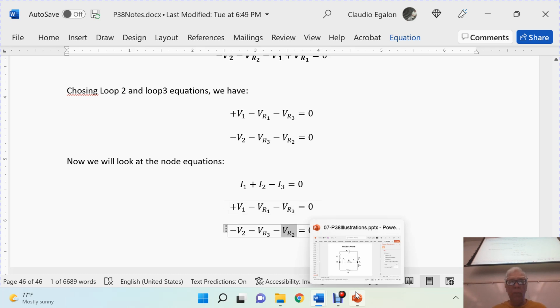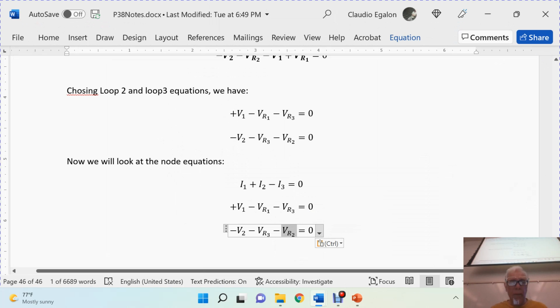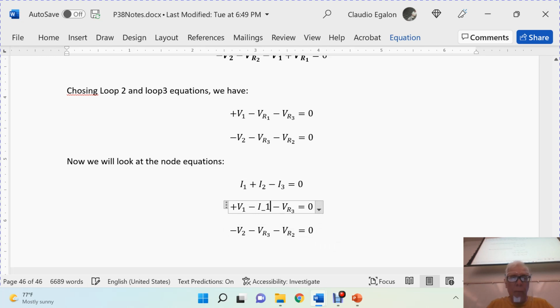So let's go. VR1, this guy. The current that flows through R1 is I1. See that? VR1 is going to be I1 R1. VR3 is going to be what?